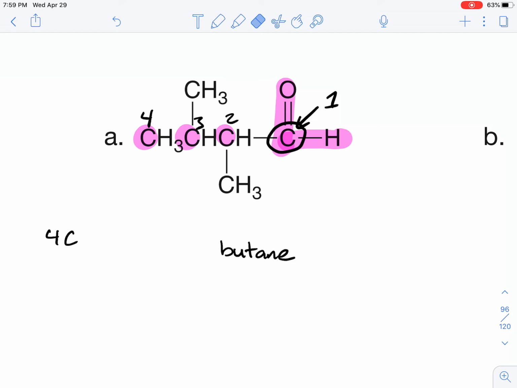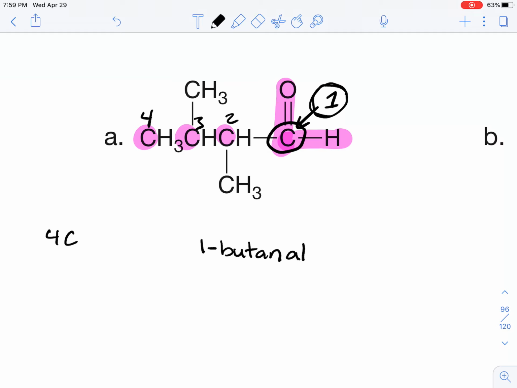And so according to my rules, I'm going to go ahead and erase that E in butane, and then I'm going to replace it with Al. So this is going to be butanal. Now, traditionally, I would want to put a 1 in front of this butanal to describe the carbon number in which this specific functional group is found.